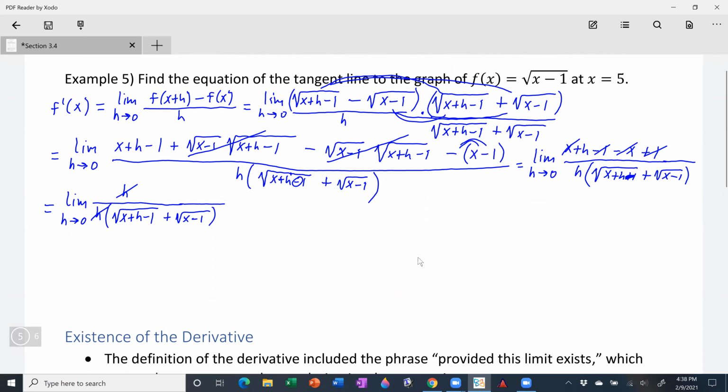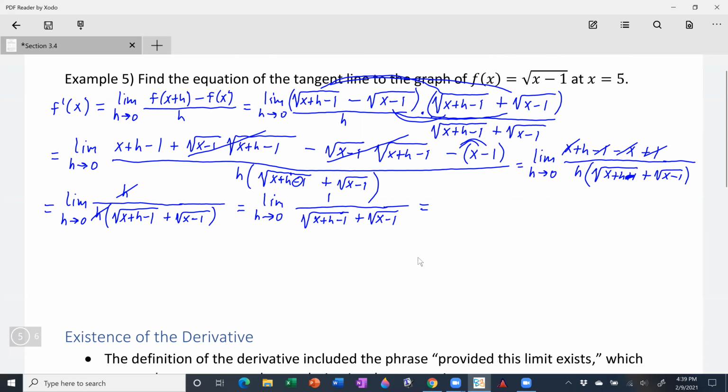Then here is that satisfying moment where we get to cancel that h, and now we can write this as the limit as h goes to 0 of 1 over root x plus h minus 1 plus radical of x minus 1.